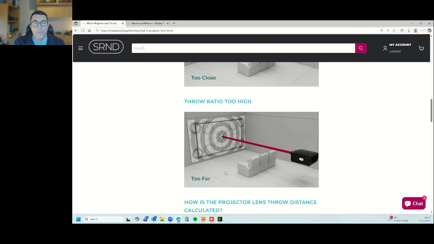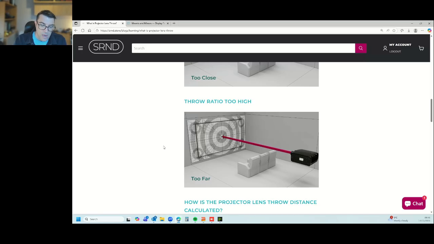Now, no one is suggesting that the ideal is to be too far away, but overfilling the screen is always a lot better than underfilling the screen. And although this is a fundamental class, you will actually find a lot of projects, once you start getting into aspect ratios and things like that, overscanning the screen is a pretty essential part of the whole process.